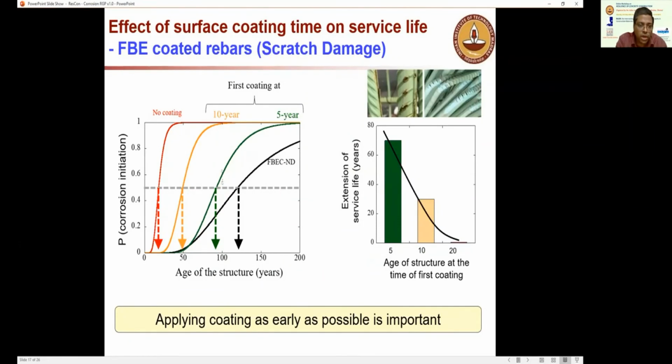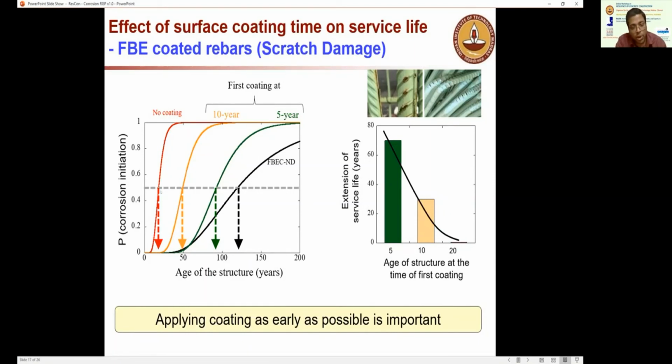Now for coated rebars there is also a significant reduction. We did a similar study. You can see the distribution on the left side, where the probability of corrosion initiation is shown. If you don't do anything to these structures, for the case study we did, they will start corroding in about 20-25 years.